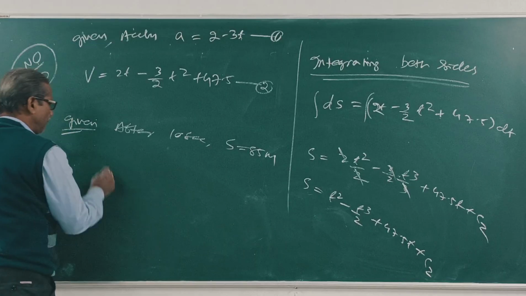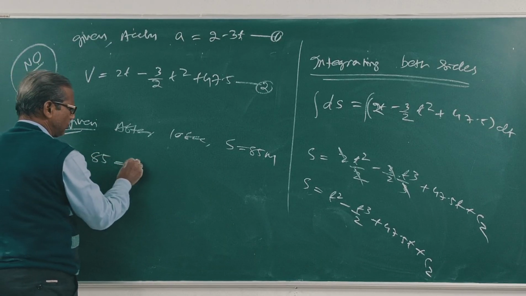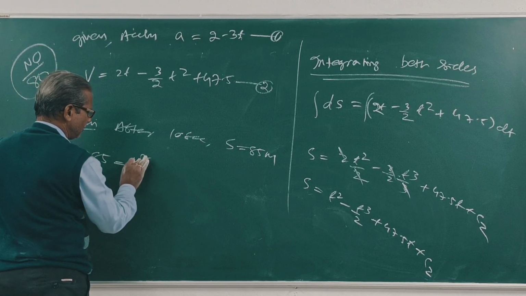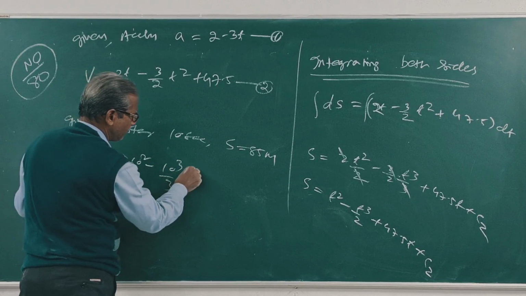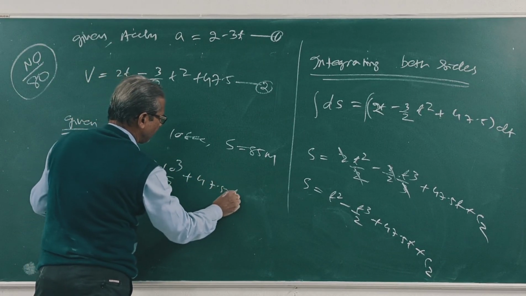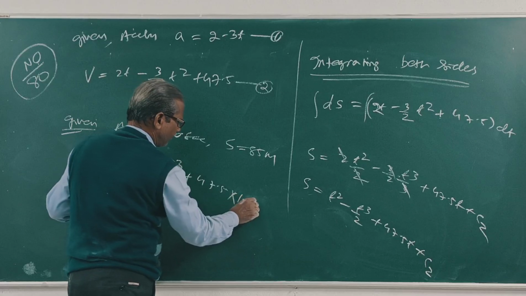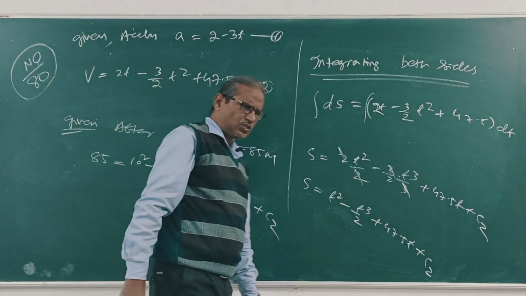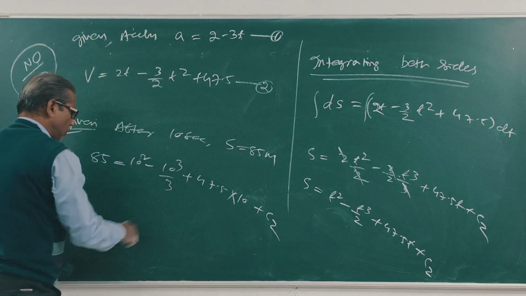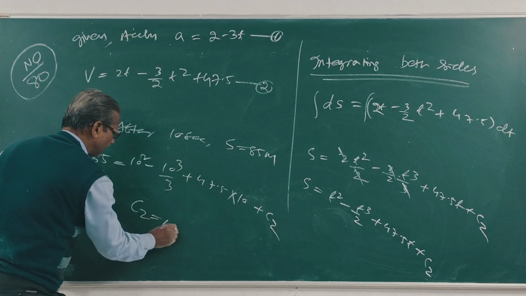So 85 is equal to 10 square minus 10 cube by 3 plus 47.5 into 10 plus c2. Solving, we will get c2. After solution, c2 is equal to 10.